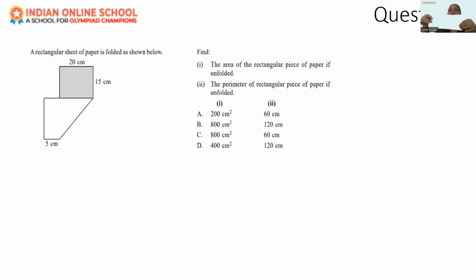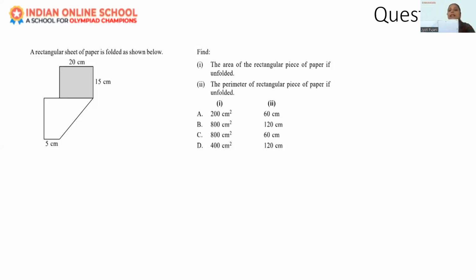It will become a rectangle now. When it was folded, it was just like the given figure. When I open it, it is now a rectangle. If you are able to see my screen, this length is 15, this is 20, and this one is 5.